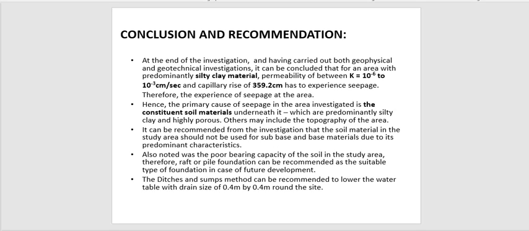That's why I experienced seepage at my site. So primarily the constituent materials caused the seepage, and looking at the bearing capacity of the soil being poor, we had to recommend a raft foundation.